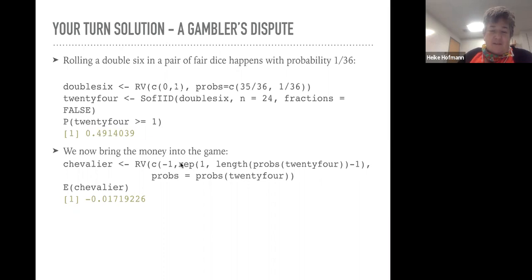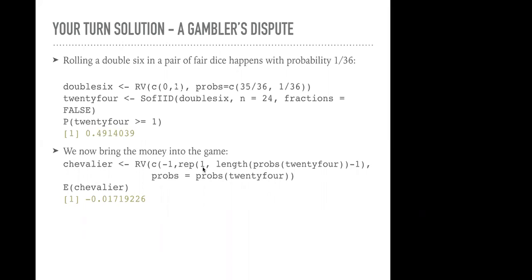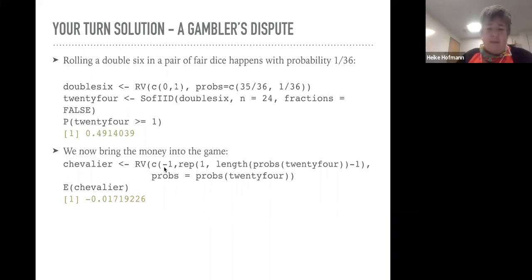So this is just silly R for: we take all of the probabilities of 24 but 1, and we repeat 1 for when he gets a 4 back out. So he pays 1 in, he gets 1 out.